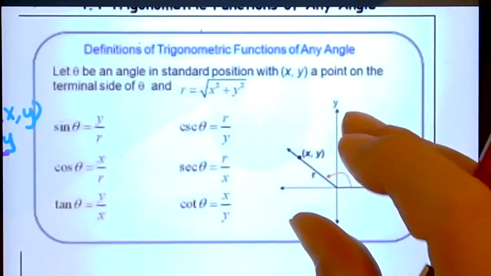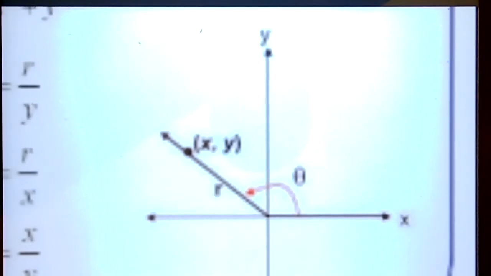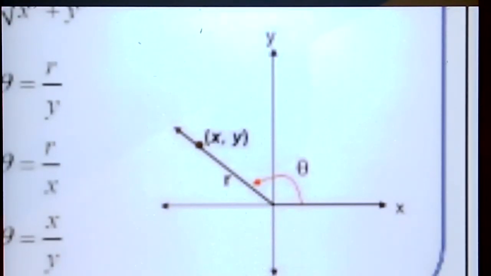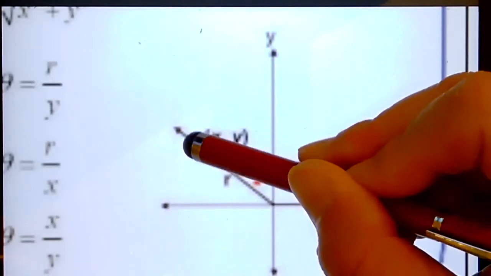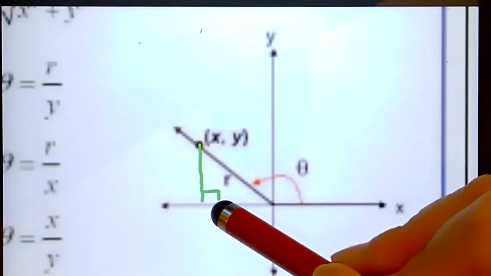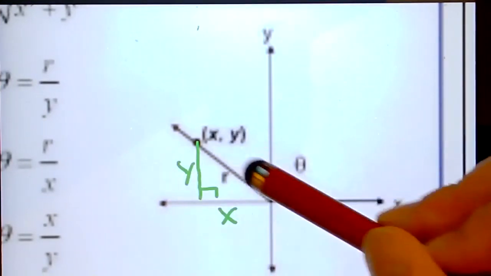So I'm going to zoom in for a sec, just for this picture. Let me focus it. Sorry, the picture is a little blurry just in general. If I'm drawing straight down to my x-axis, this distance here is x, this distance here is y.